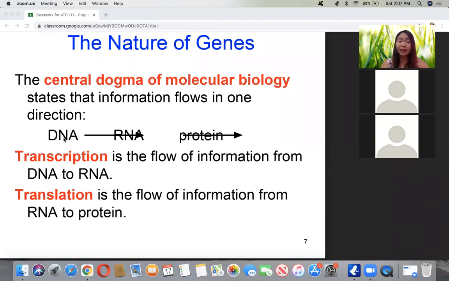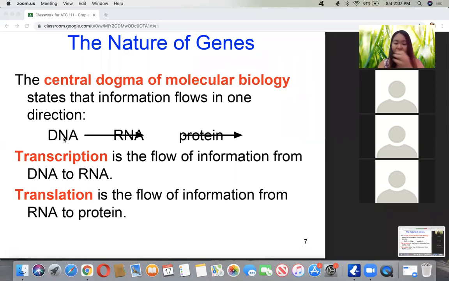So DNA is the most basic. It will be transcribed into RNA and then translated into a protein, which includes the enzymes we have known from the previous experiment to be responsible for a specific characteristic.